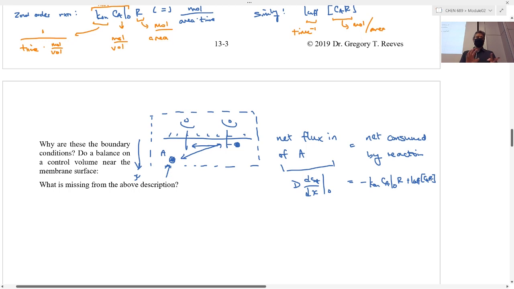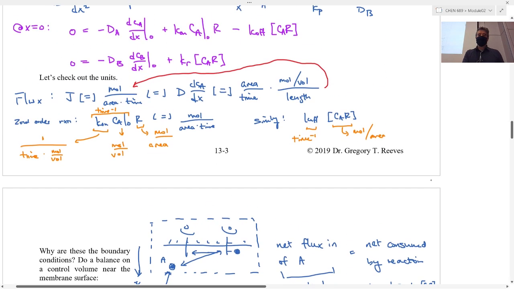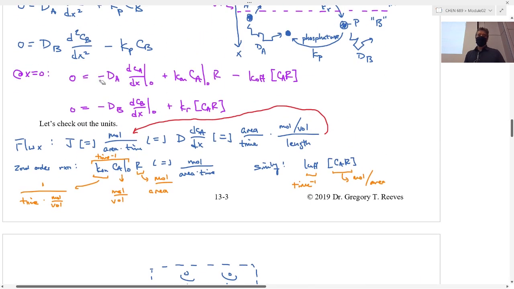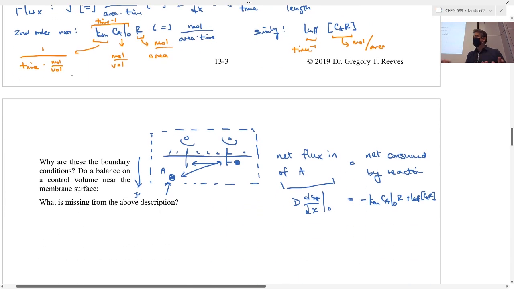And that's why, if I scroll up to the purple equations again, the flux term is on the right-hand side in those equations, but it has a negative, right? So this is the net flux out, and that's balanced by the net consumed by reaction to equal 0 on the left-hand side. And you can write the same analysis for B, right? The net flux out of B is balanced by its production.